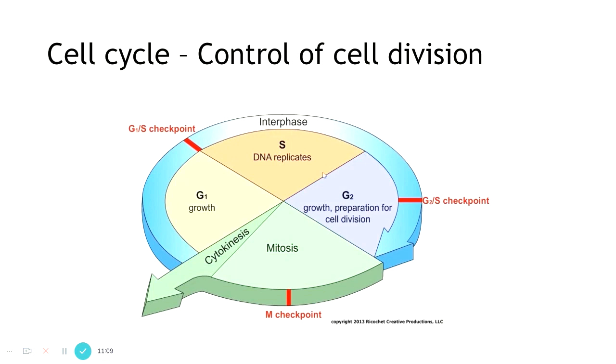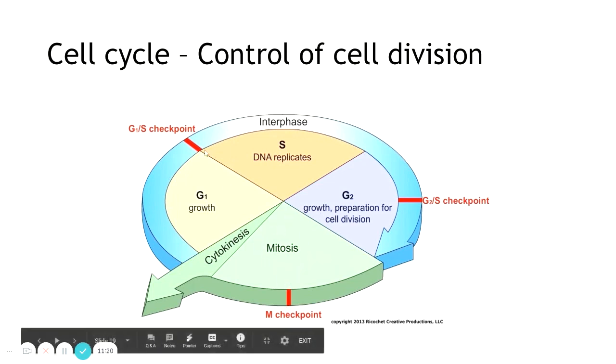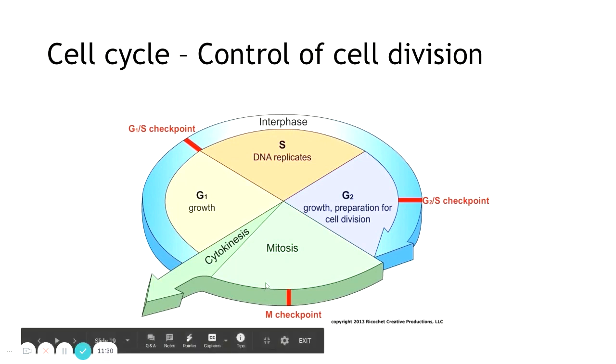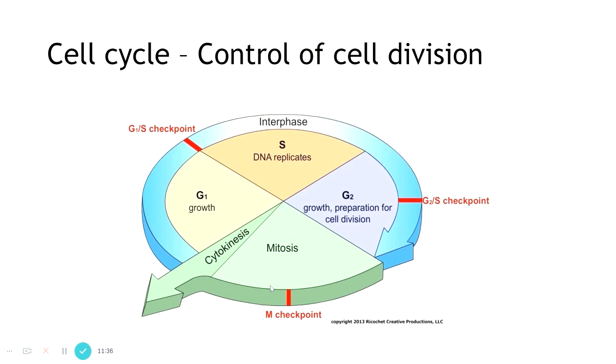It will then go through another period of growth. Everything's checked and signed off and double checked again, and then and only then does mitosis take place. You will see there are a series of checkpoints. So the process of mitosis, cell division and cell growth is a tightly regulated process, and it needs to be. And when that goes wrong, sometimes things like cancer can develop.